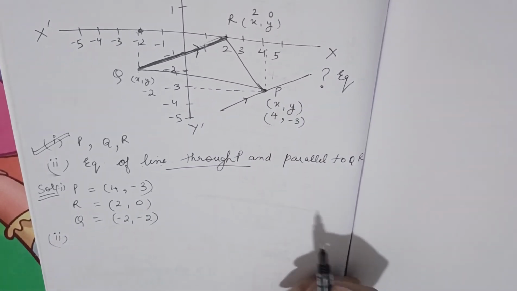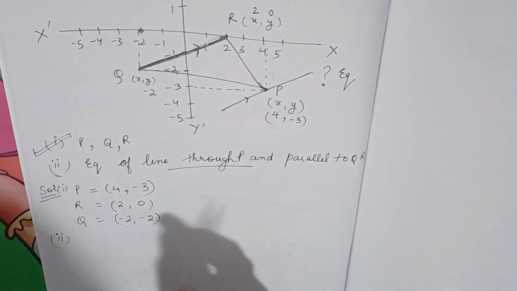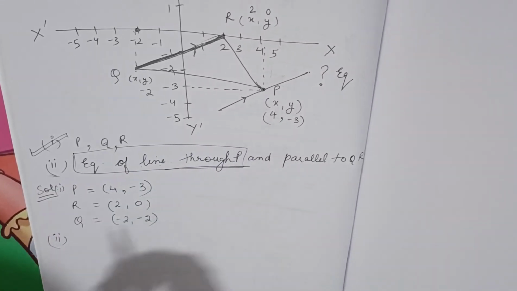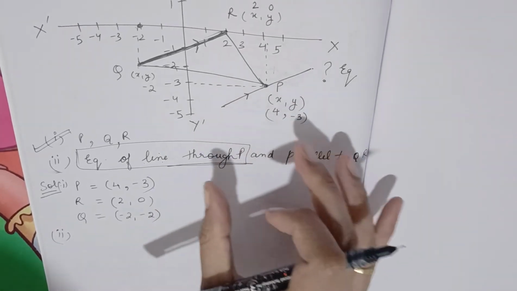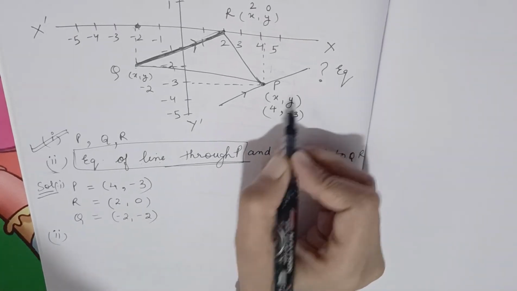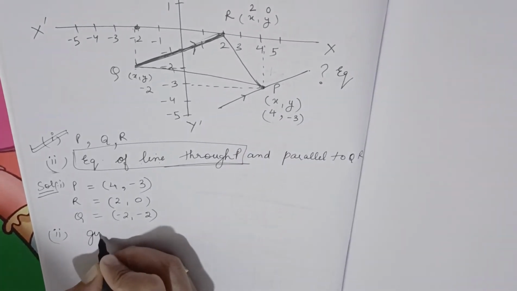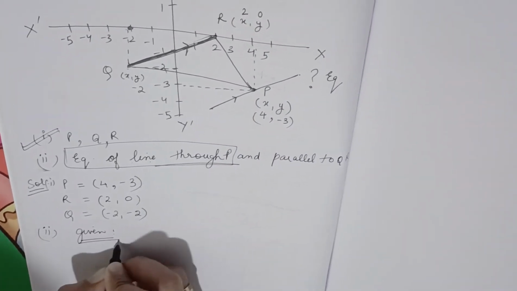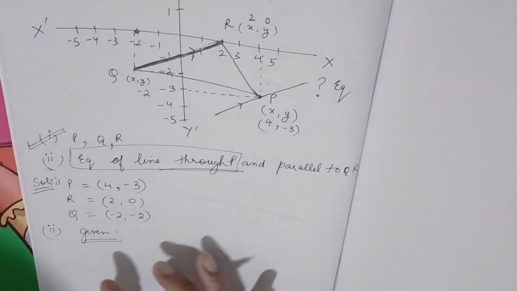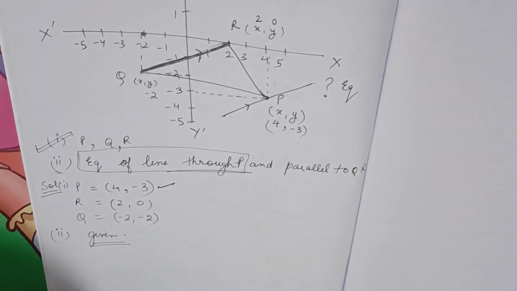I have already explained the concept to you. First of all, when we have to find an equation, we have to see what the requirement is. The requirement is that it should pass through this and be parallel to this. That means first of all, we have to see what is given to us. Here I can see P's coordinates are given to us, in the sense that we have just now found them.